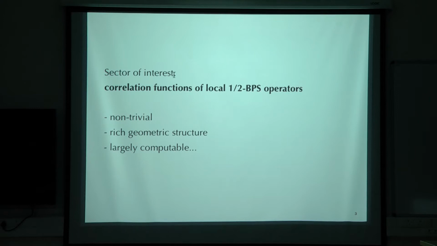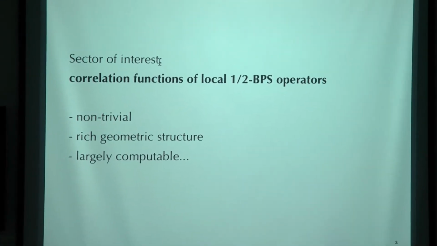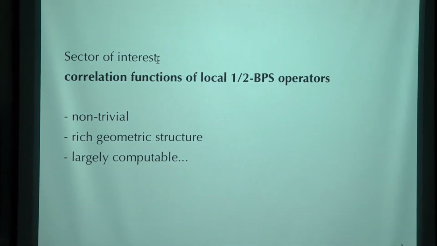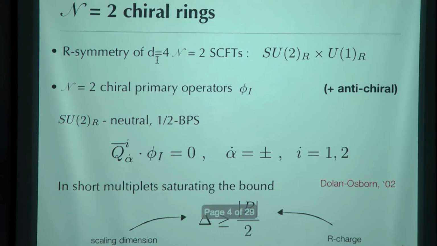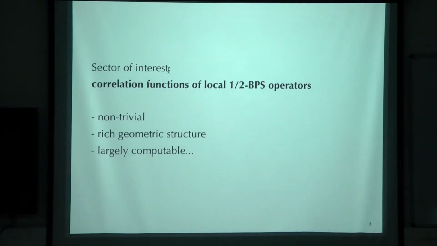There are several half-BPS operators in N=2 theory, so I will talk about a specific class. And I'm going to consider correlation functions of these operators. So as we will see, these operators are rather non-trivial. They depend non-trivially on the coupling constants, exactly marginal coupling constants, which is unlike a similar situation in N=4 super Yang-Mills, where they are, in fact, trivial.